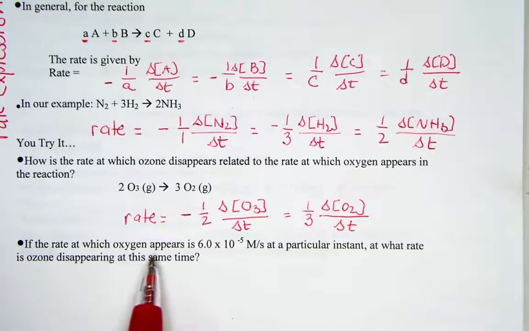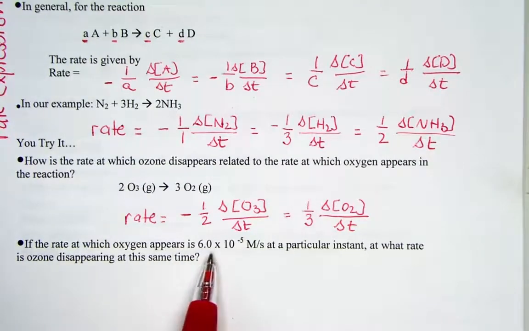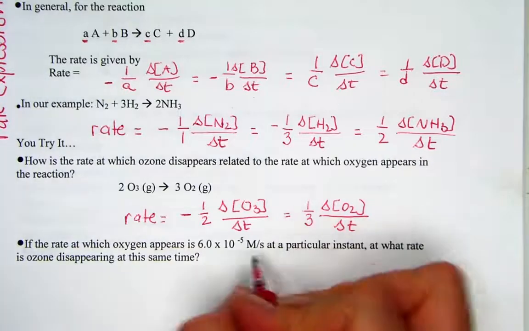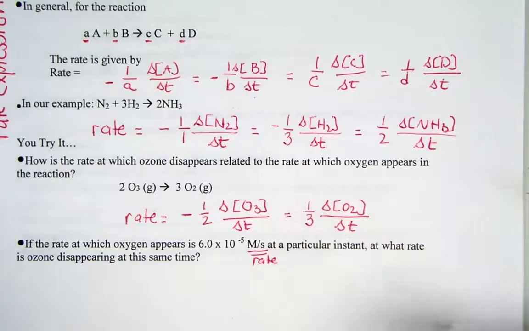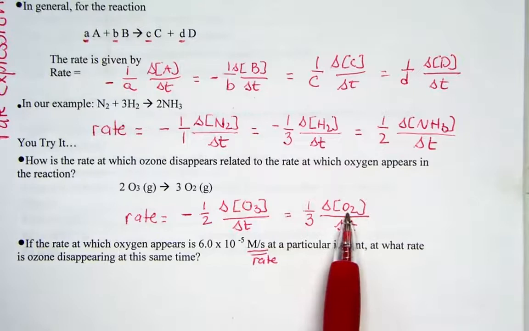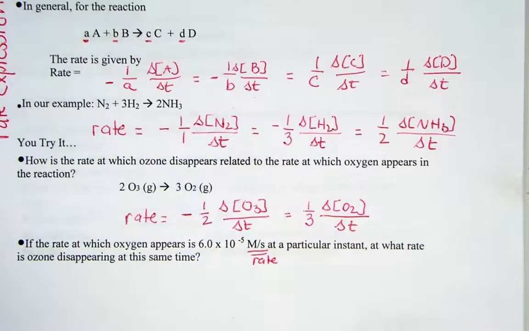If the rate at which oxygen appears is 6.0 times 10 to the negative 5th molarity per second, notice this is a rate, a molarity per second unit, at a particular instant in time, what rate is ozone disappearing at the same time?